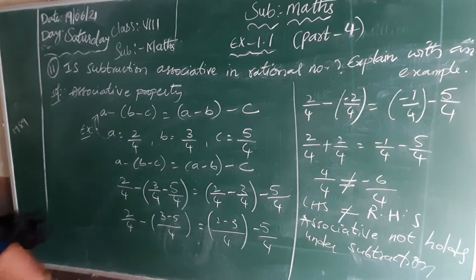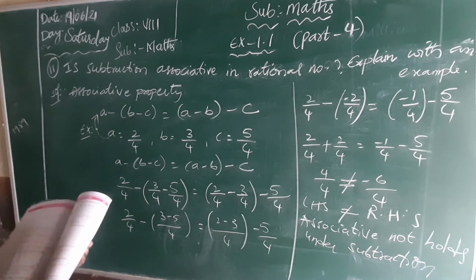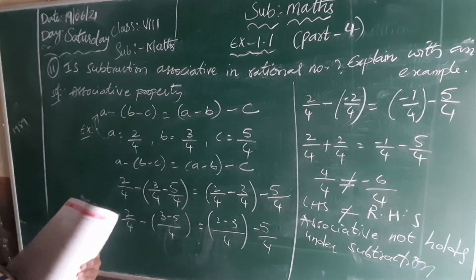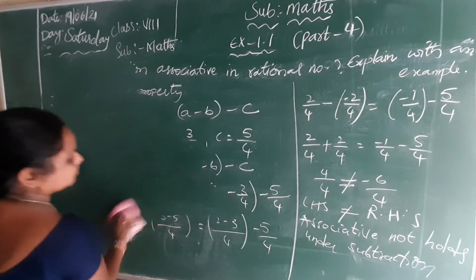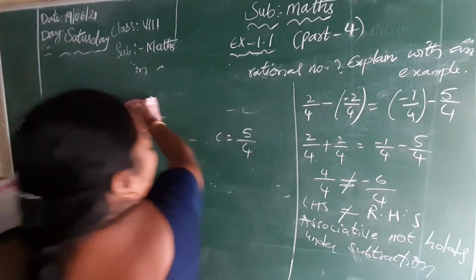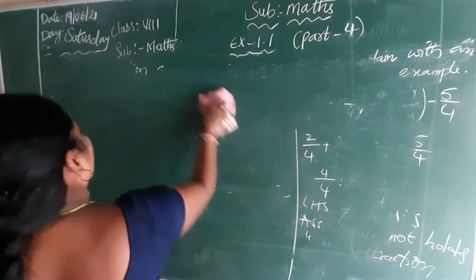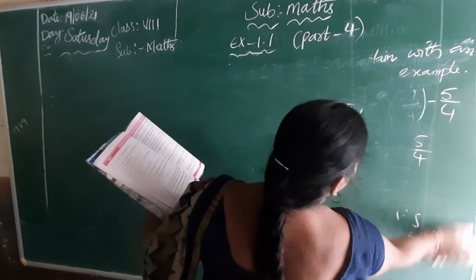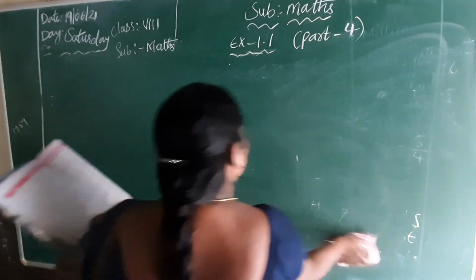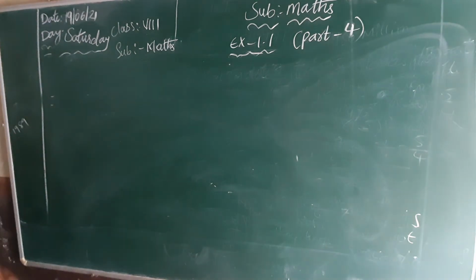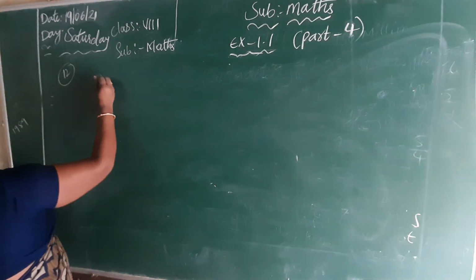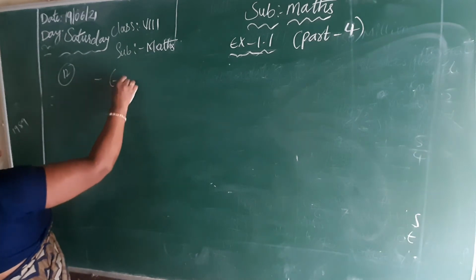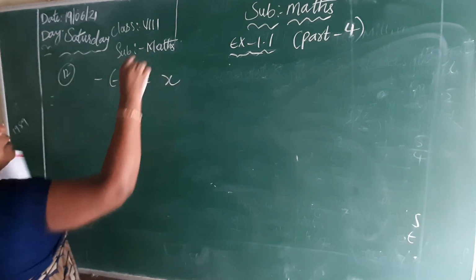Now, 12th one. What is the question given in the 12th problem? Check it once. Read the question. Verify that minus (minus half minus x) is equal to x.